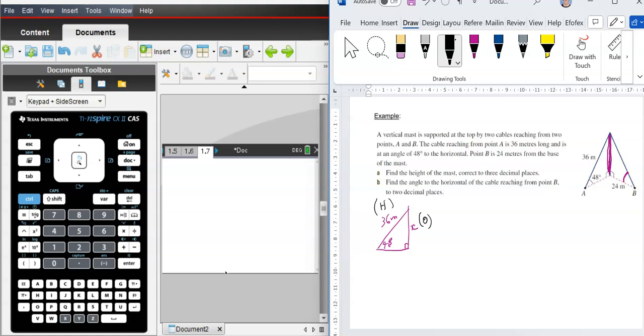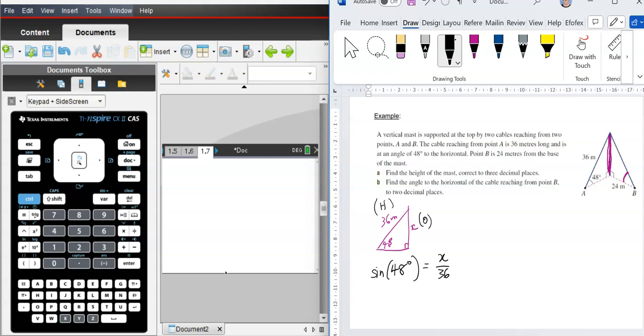So the ratio we would be using in this part of the question would be opposite and hypotenuse, which is sine. So sine of the angle 48 degrees is equal to the opposite over the hypotenuse, so x over 36.